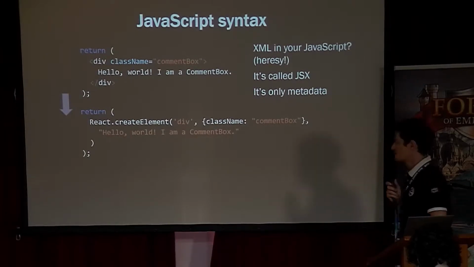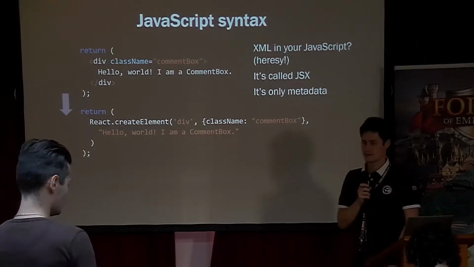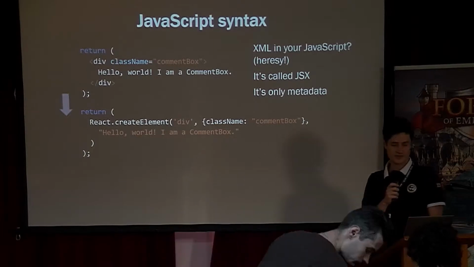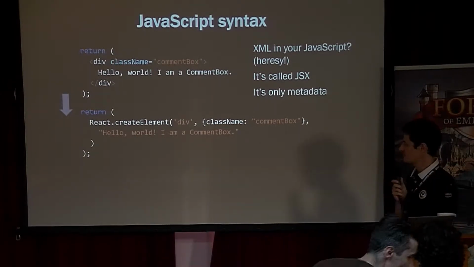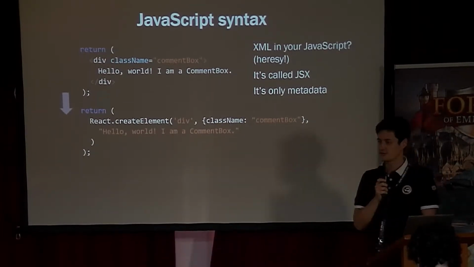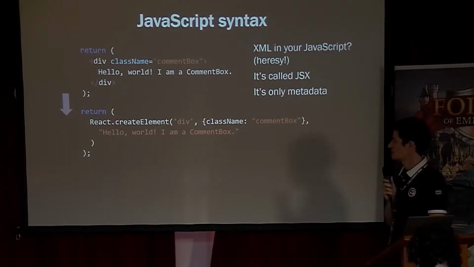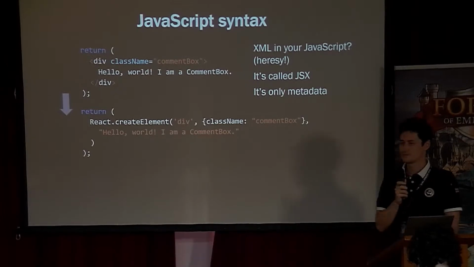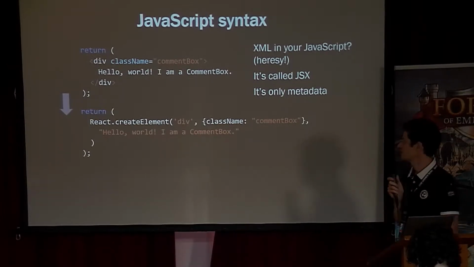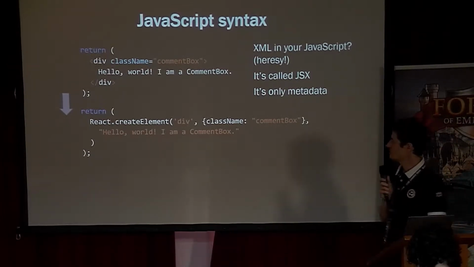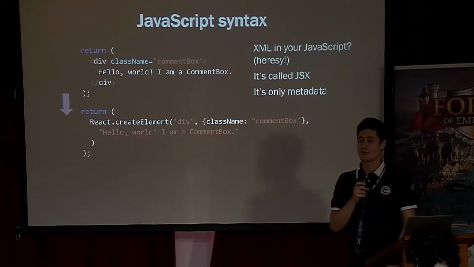So about JSX, because it's not necessarily obvious to understand. In JavaScript, it's something very terse and reasonably well integrated. You write HTML-ish, and this is really just a declarative language.